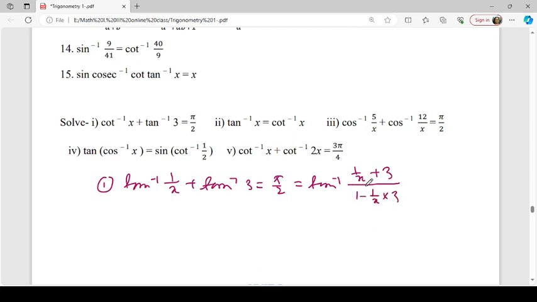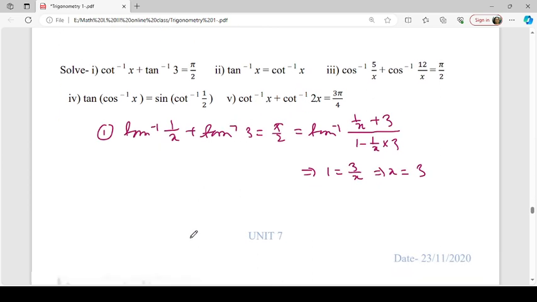Because it is pi by 2, this should be infinity. So this implies 1 equal to 3 by x. The denominator is 0, which implies x is equal to 3. So these are the ways to solve this.